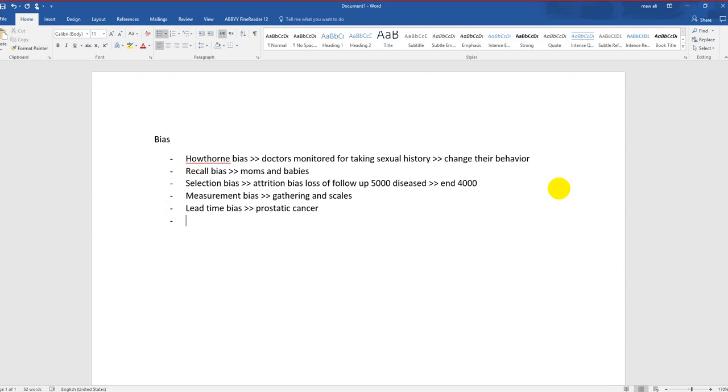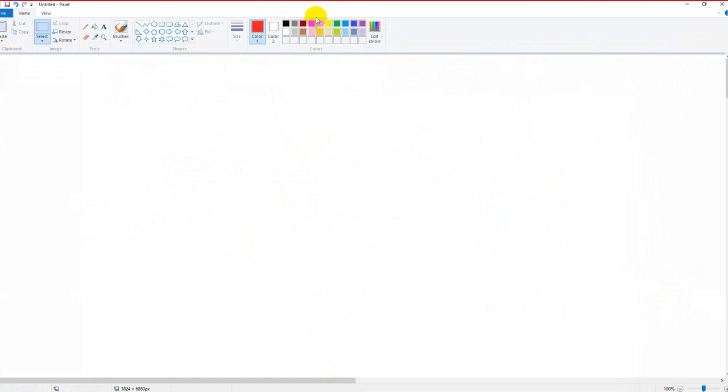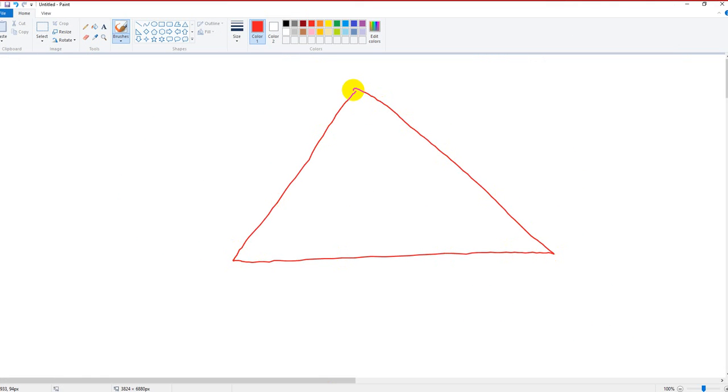So now there is what's called confounding. When we want to illustrate confounding, we always draw a triangle.